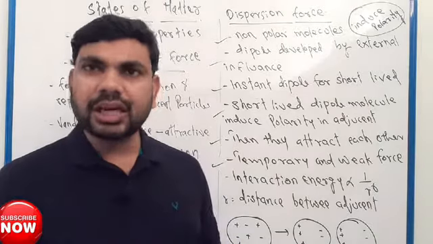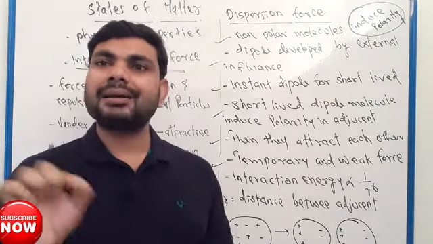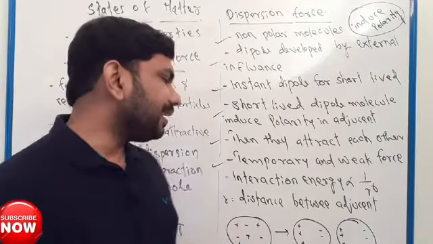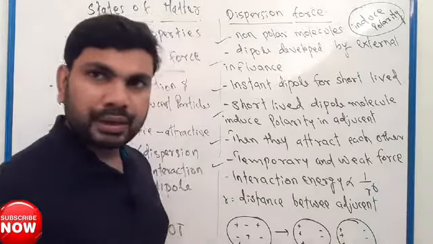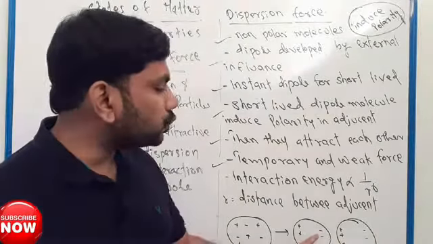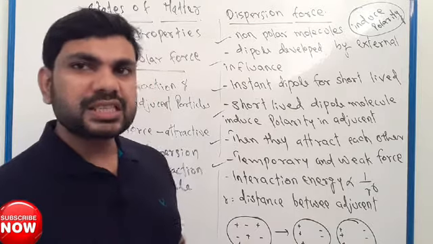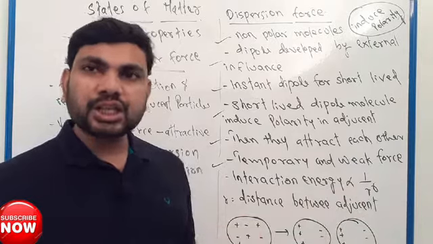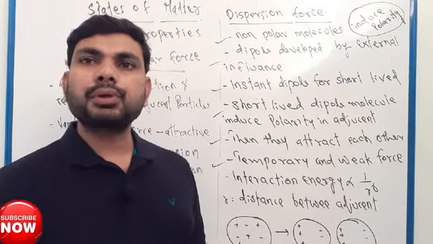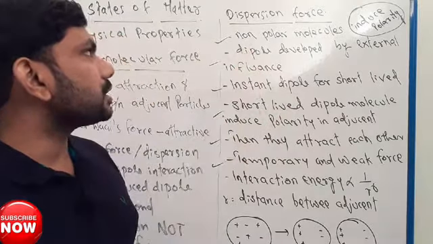This interaction energy is directly proportional to 1 by r raised to 6. Here r means the distance between two temporary polar molecules, or two temporary atoms. This distance is termed r. So here interaction energy is directly proportional to 1 by r raised to 6.